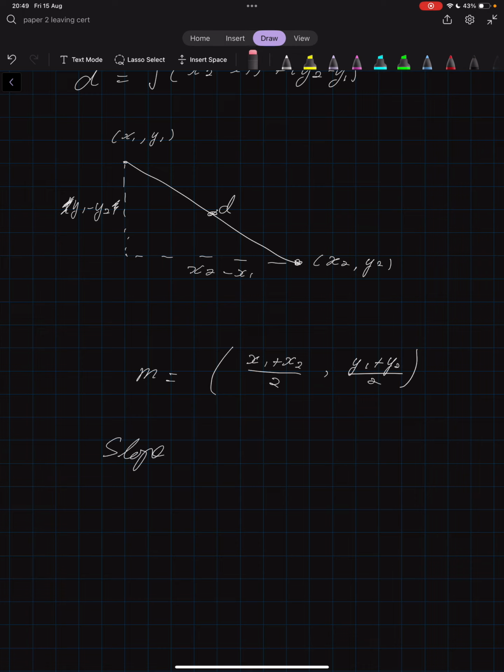Sorry, I shouldn't have used m up here because the slope is also called m. So say midpoint. The slope m is equal to y2 minus y1 over x2 minus x1, which is just the rise over the run. And that's it.